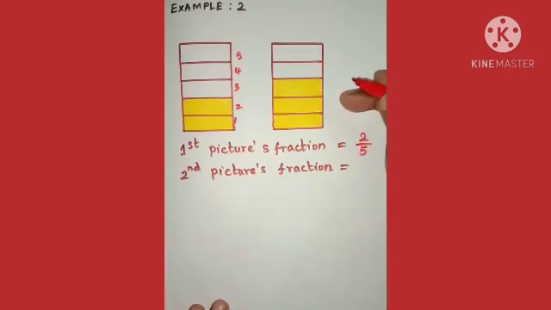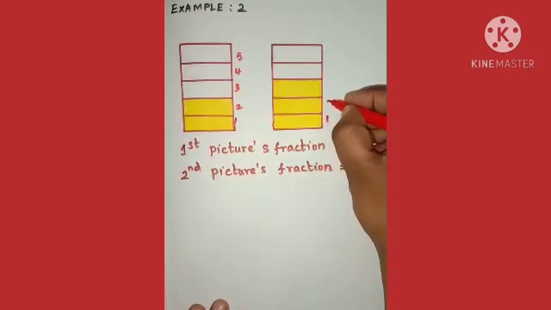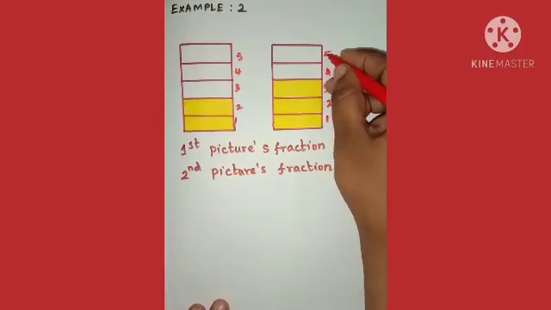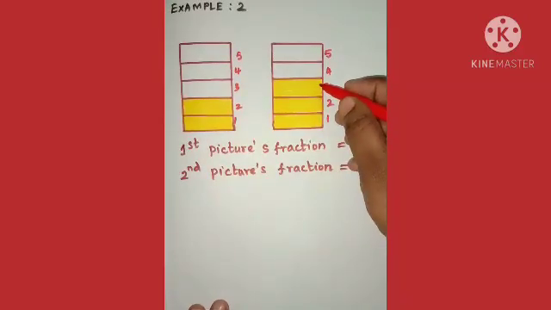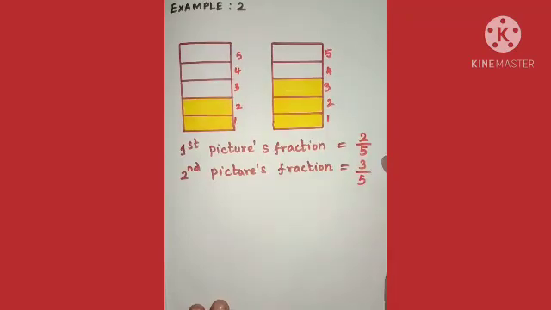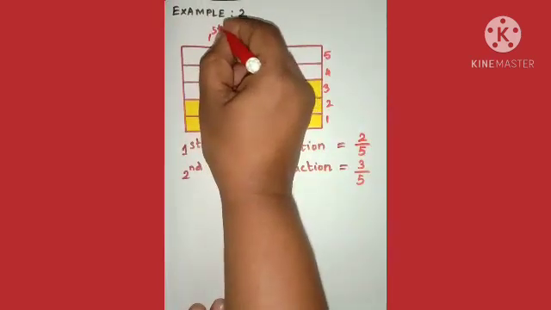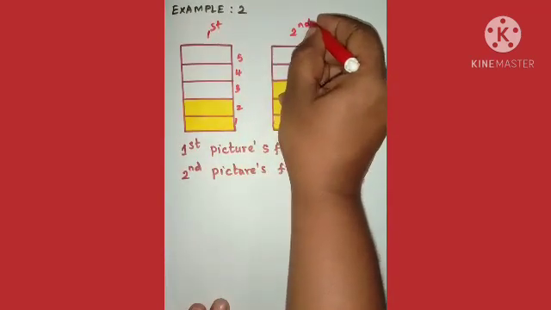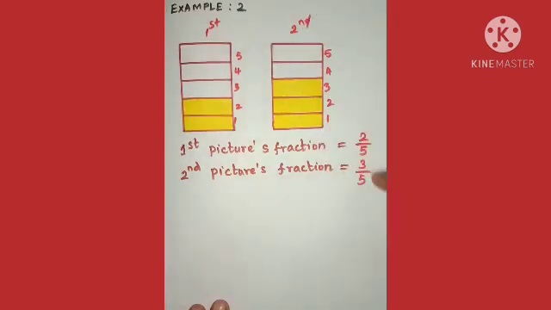And here in the second picture, 1, 2, 3, 4, 5. 3 parts are shaded out of 5 equal parts. Thus the fraction of the second picture will be 3 by 5.